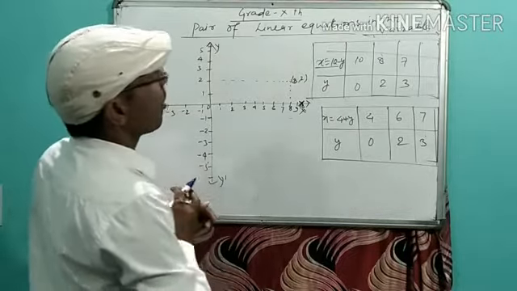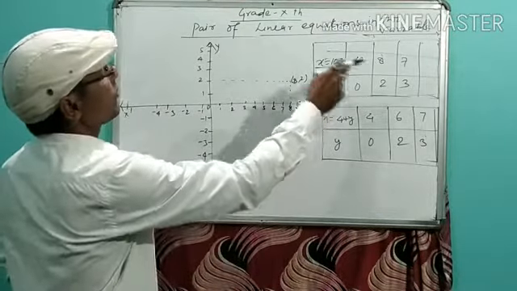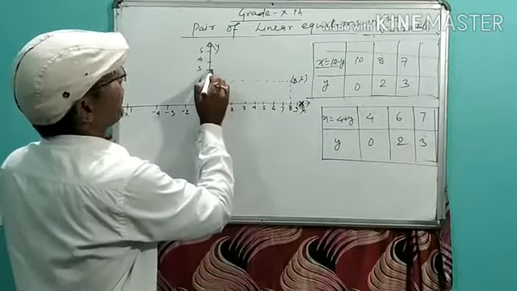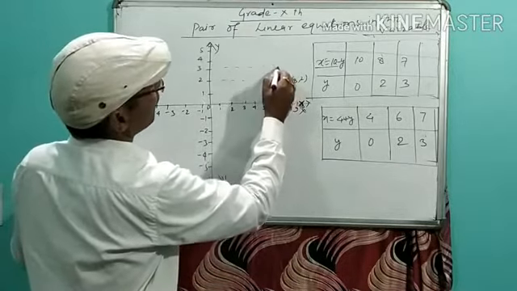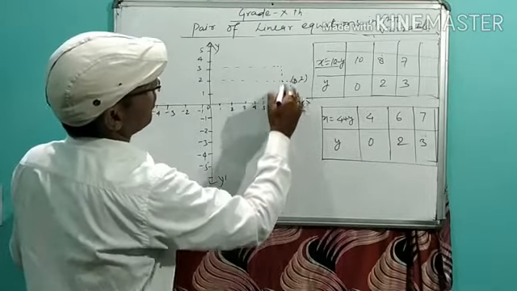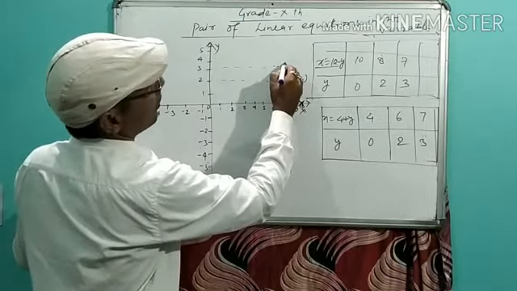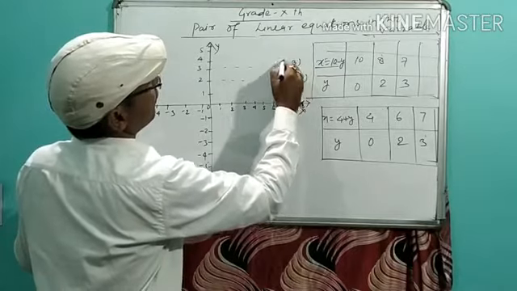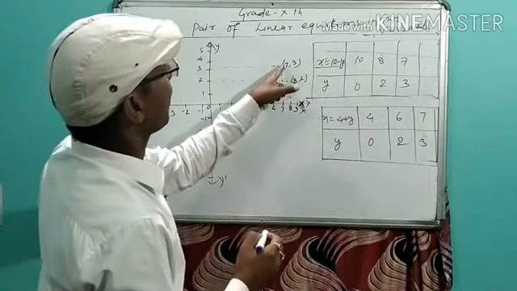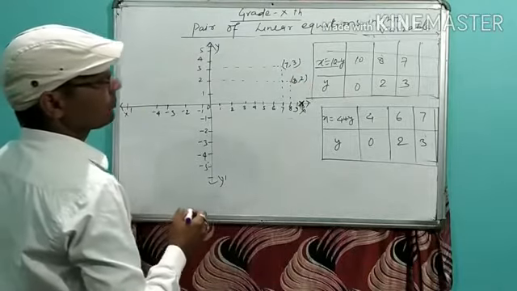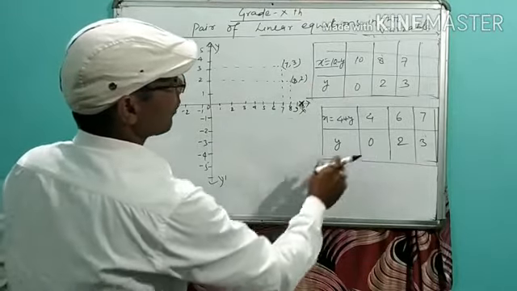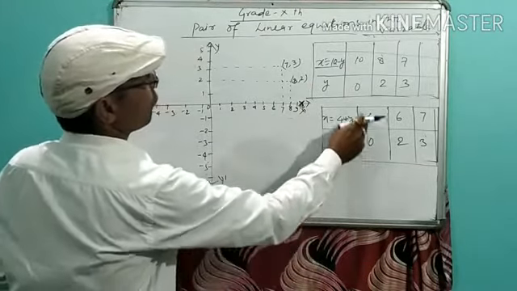Then 3 and 7, that is the coordinate 7, 3, x y. Now here 0, 4: y 0, x 4, that is 4, 0.